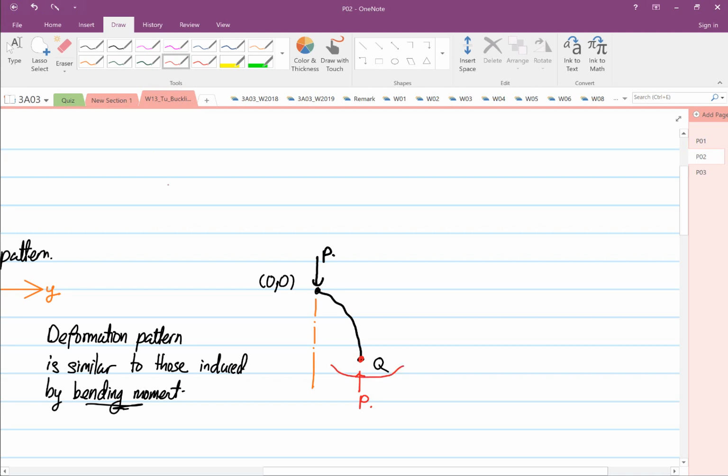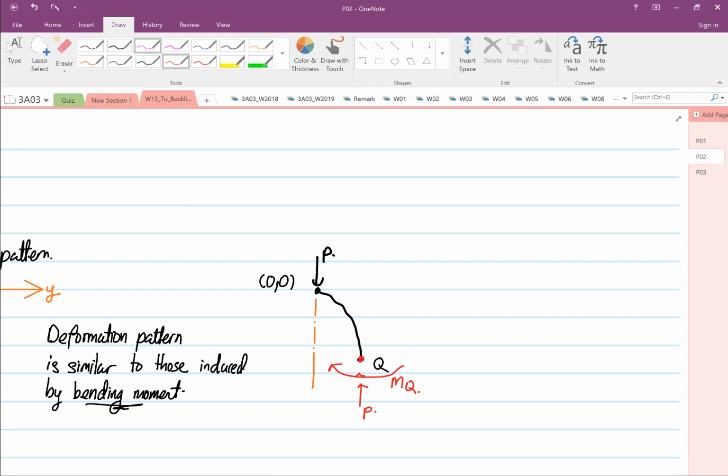So here is the moment at point Q, and this is how at point Q you have your reaction. I'll put P down here.